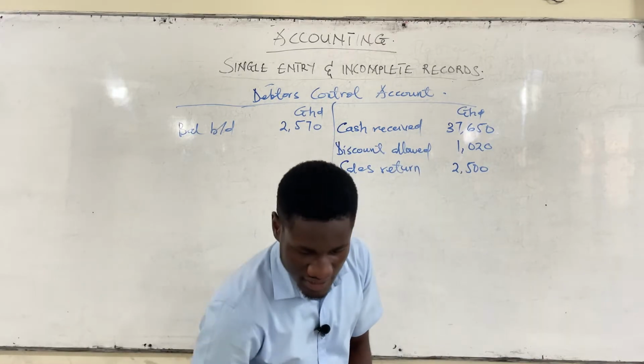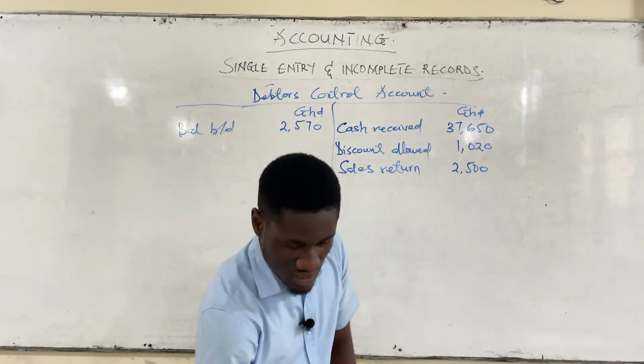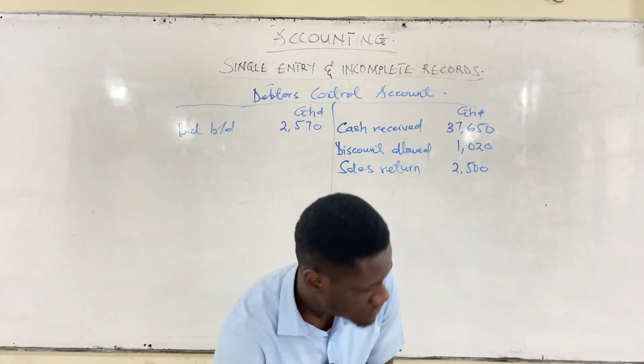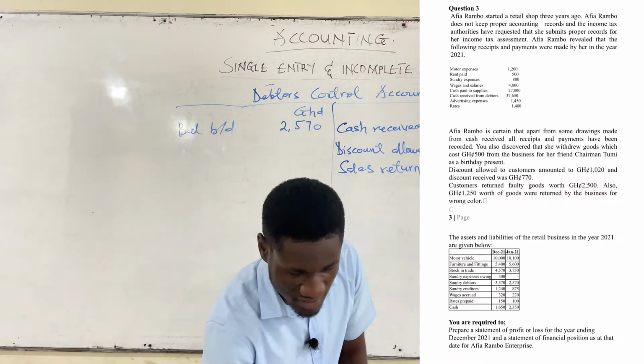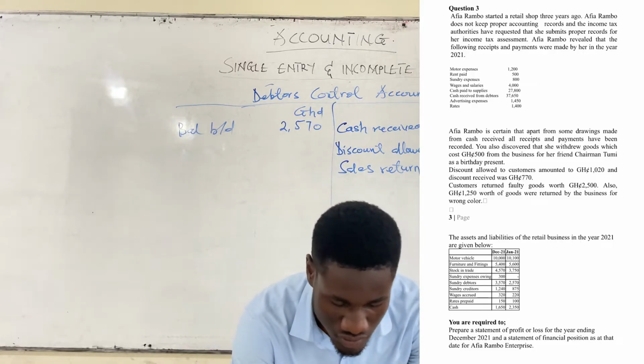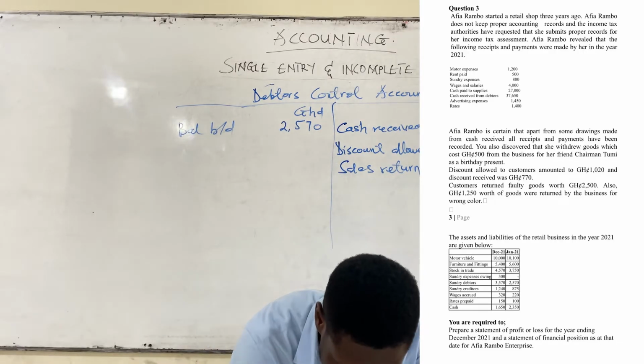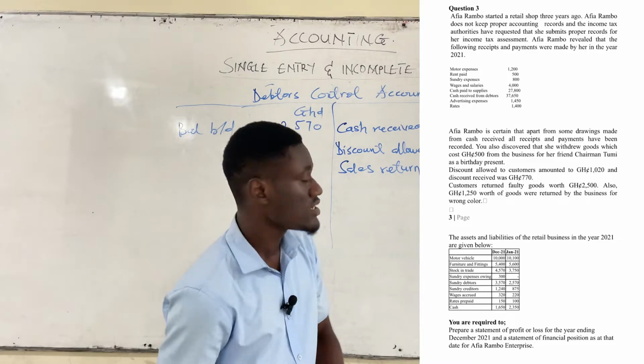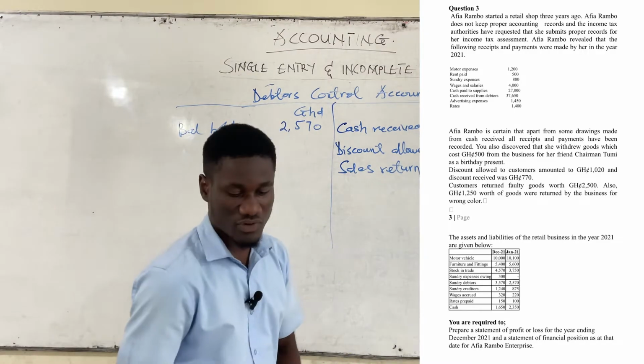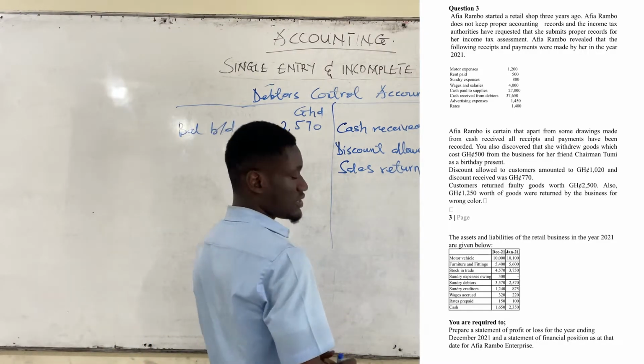Good. So we'll check for any other debtors amount. We have cash received from debtors. We have discounts allowed to customers, sales returns. So we'll just look for our balance CD for the debtors in the question.